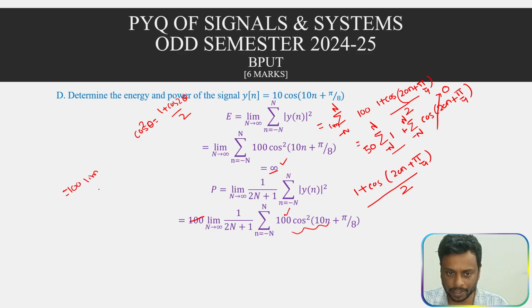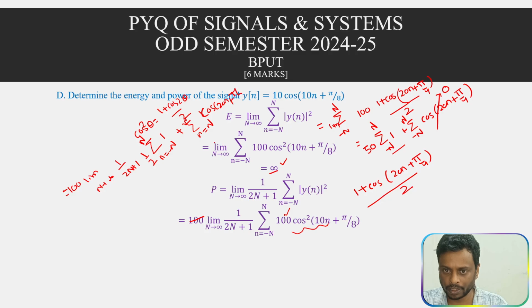It will be the limit n tends to infinity of 1 upon 2n plus 1, and half will be taken outside, that will be the summation of 1 from n equals minus n to n, plus the summation of cos of 20n plus pi by 4, and that value equals 0. So we are left with this one.